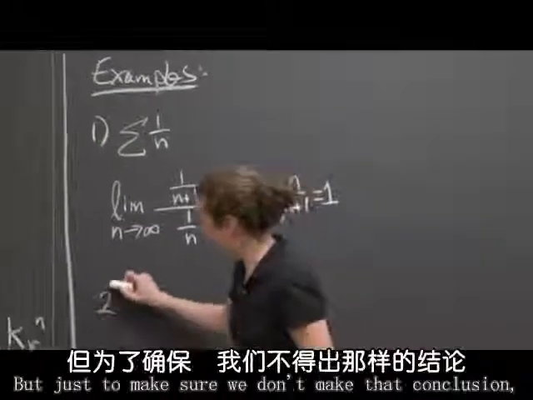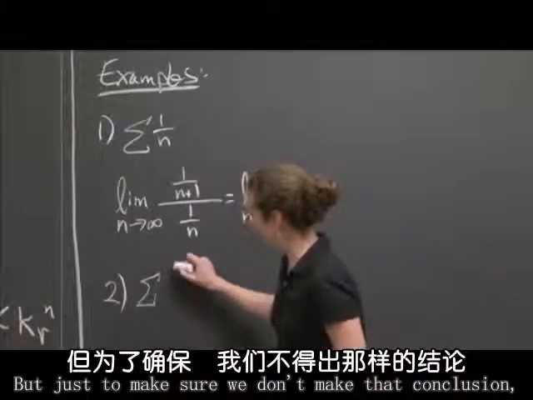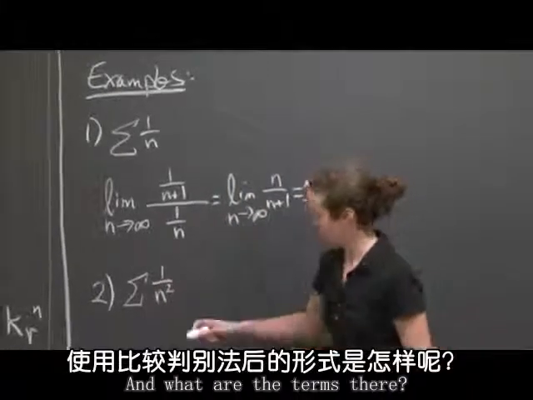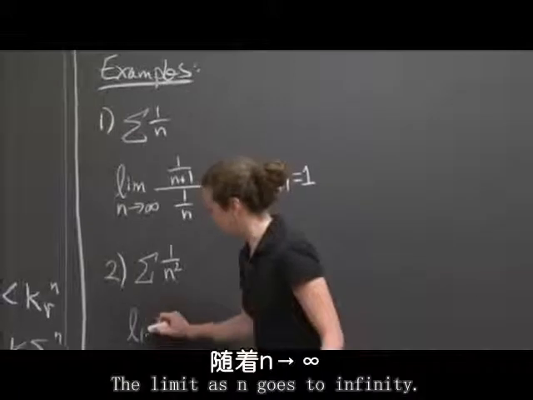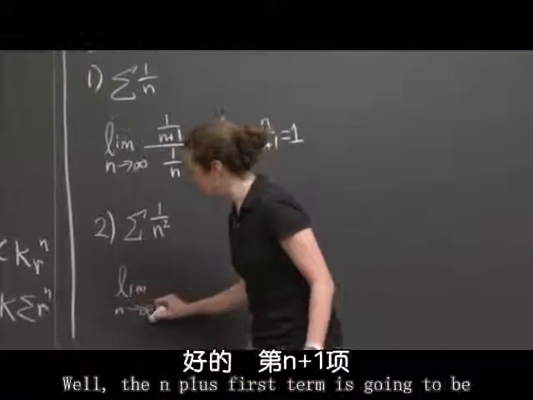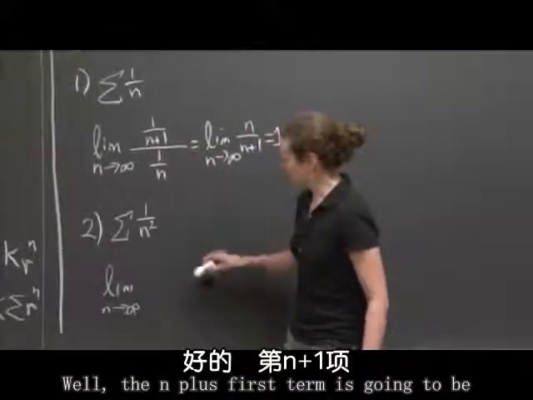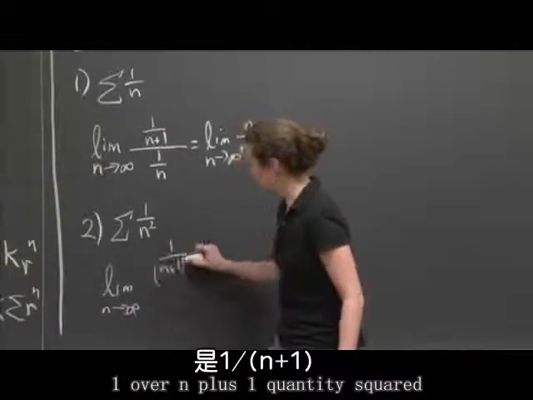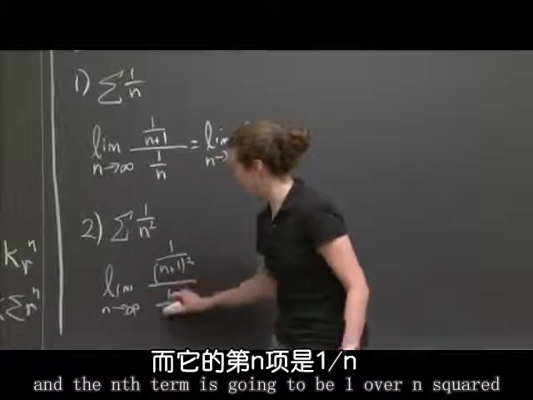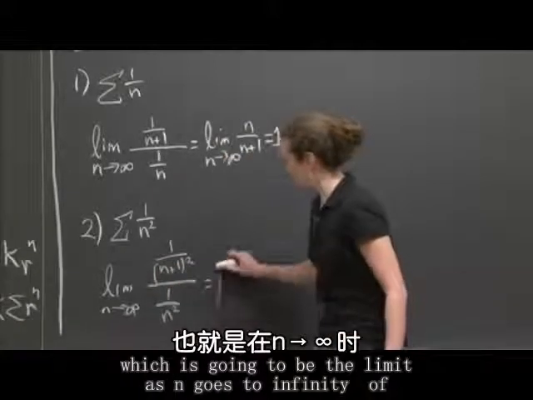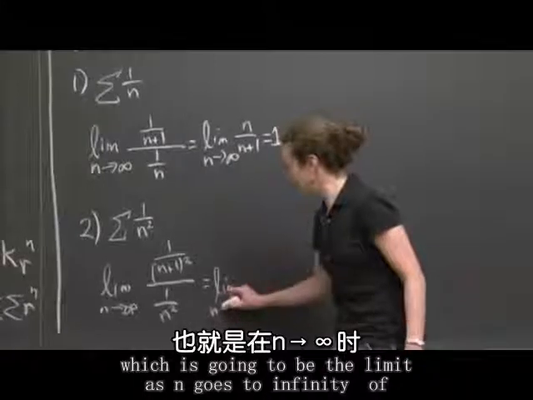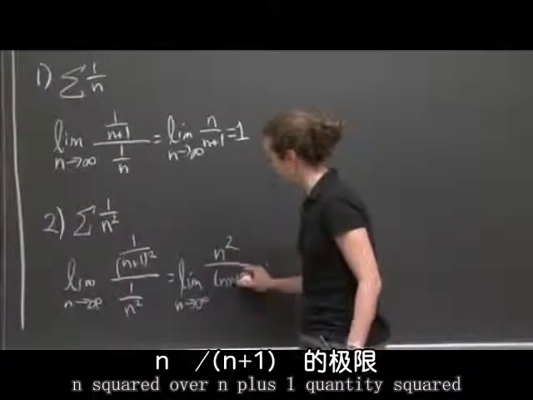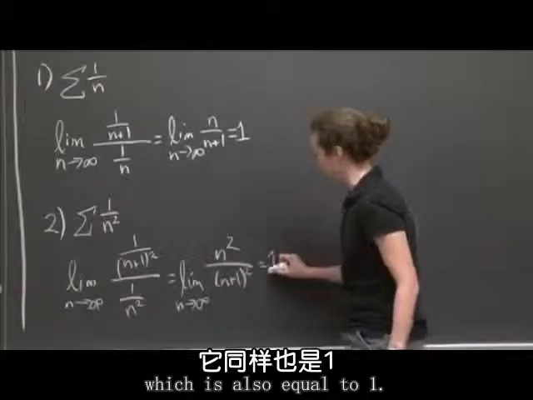But just to make sure we don't draw that conclusion, let's look at 1 over n squared. And what are the terms there? a sub n plus 1 and a sub n. The limit as n goes to infinity, well, the n plus first term is going to be 1 over n plus 1 quantity squared, and the nth term is going to be 1 over n squared, which is going to be the limit as n goes to infinity of n squared over n plus 1 quantity squared, which is also equal to 1.